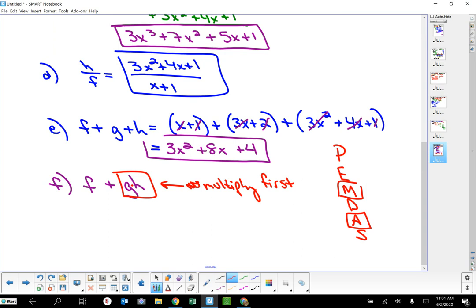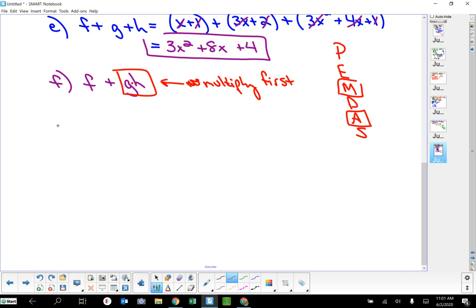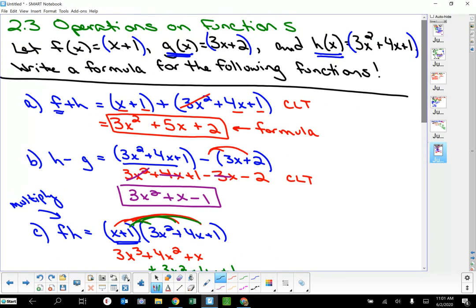All right. Another thing you're going to see in here is something like f plus h of negative 3. Well, look and see if you did this anywhere. That was actually the first thing we did. So part A, if I go back up here, was f plus h, right? That's what we did right here.